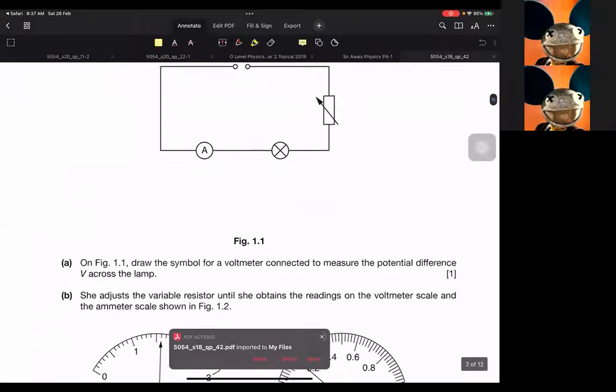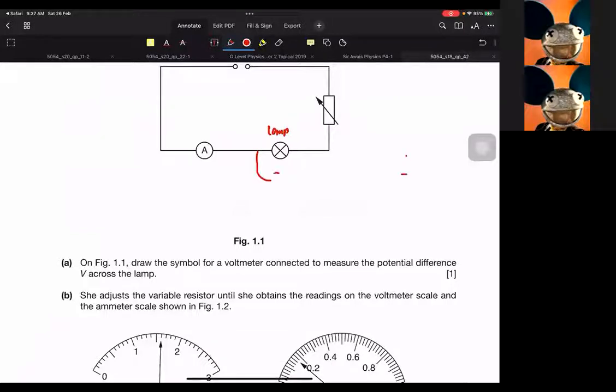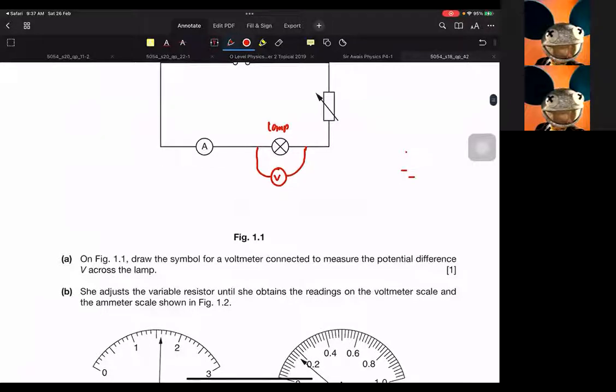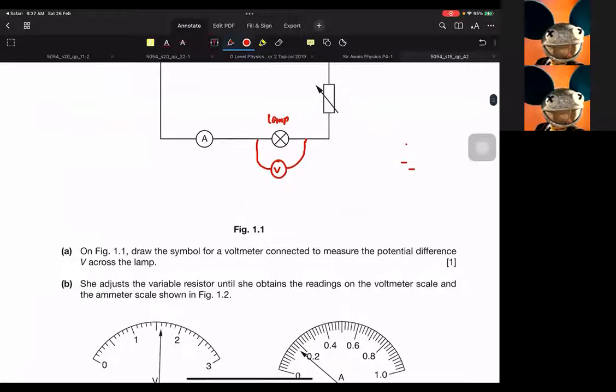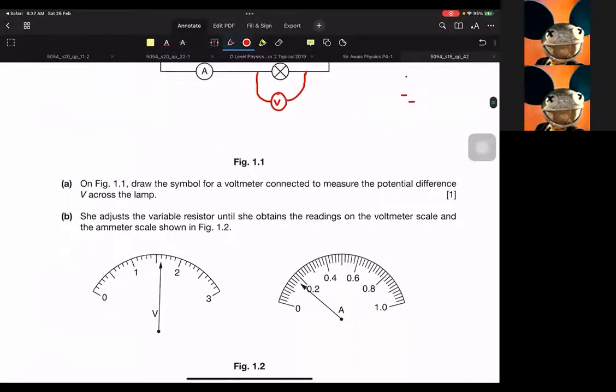Okay, so this is our lamp, and you should always remember the voltmeter is always connected in parallel to the lamp, just like that. Then it says she adjusts the variable resistor until she obtains the reading on the voltmeter and the ammeter scale like this.